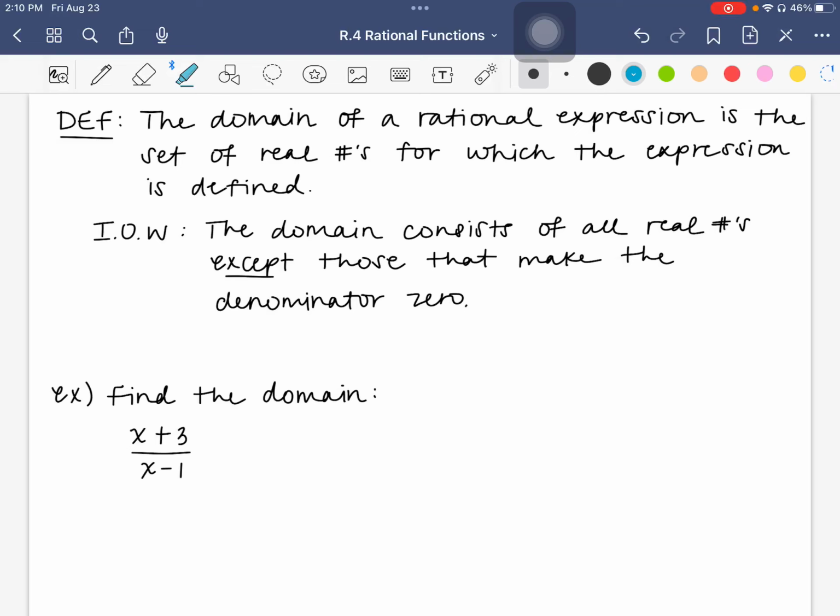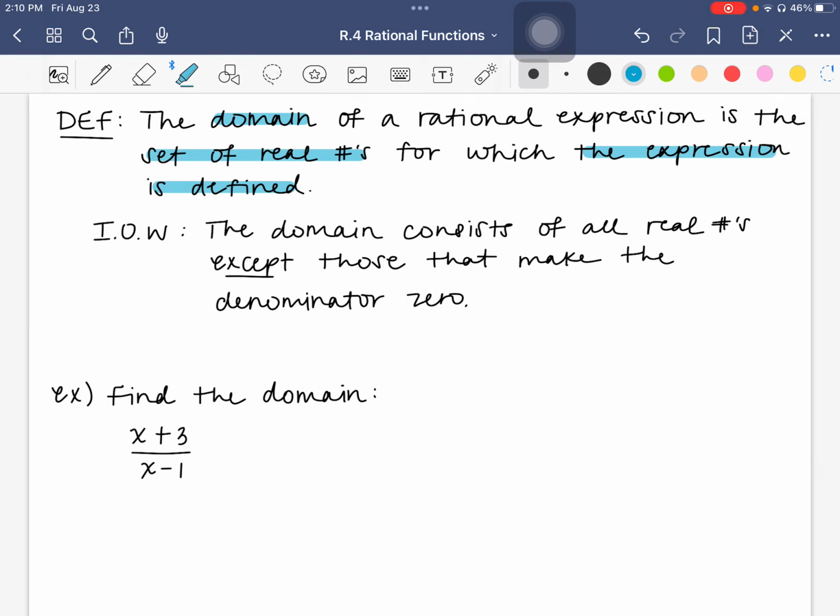In this video, we're going to go over section R.4 of our textbook, which goes over rational functions, and we'll start with this definition here, and this DEF is just short for definition. So the domain of a rational expression is going to be the set of real numbers for which the expression is defined.